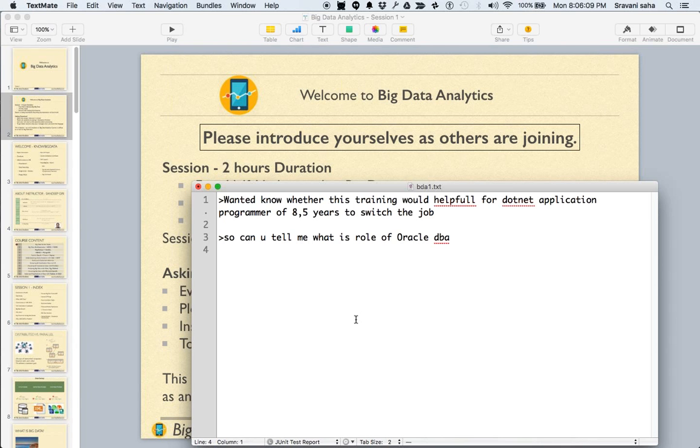This training is generally great for those people who have been into analytics and want to step ahead into big data analytics, or somebody having an interest in big data analytics. This course assumes that you have a basic understanding of what a database is and how it works, and a basic understanding of statistics. That's how this course is structured.